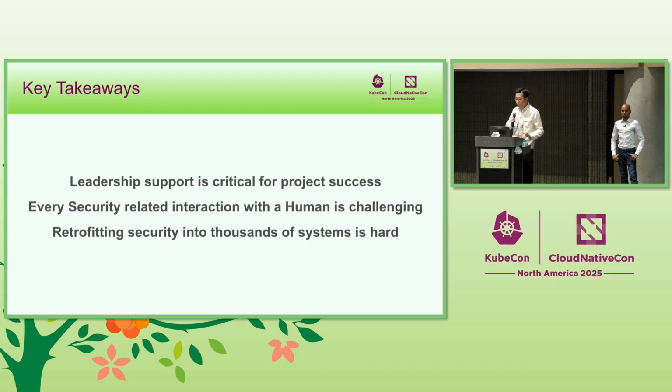So with all those things, we have some high-level key takeaways, I think. First of all, for a project like this, leadership support is critical for success. You need leadership support not only from your org, but also from other orgs or potentially even the entire company. You need to partner and collaborate closely with your product teams because they are the users who adopt your products.